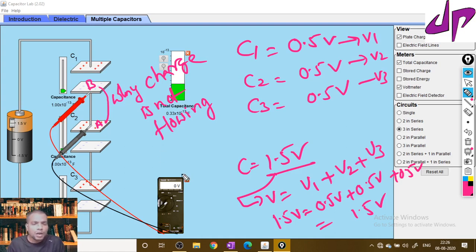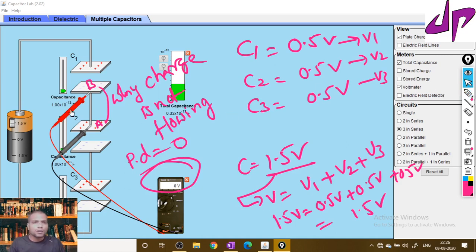To move charge, there should be a potential difference. Here, the potential difference between them is equal to 0. If there is no potential difference in that connection, the charge won't flow; it cannot move.